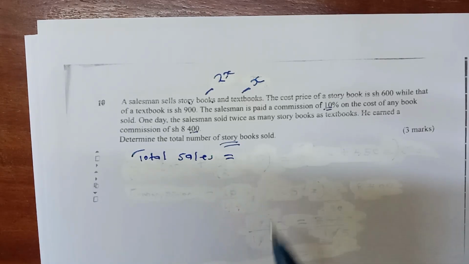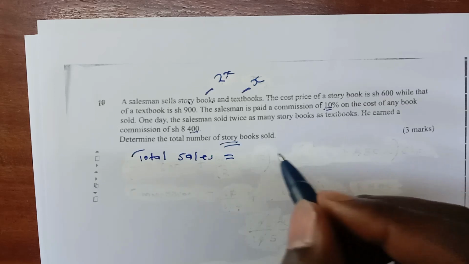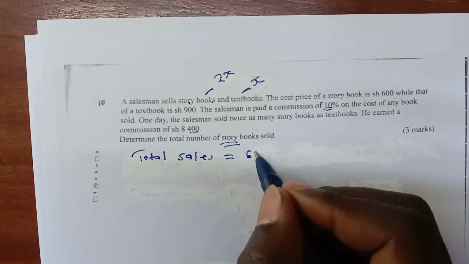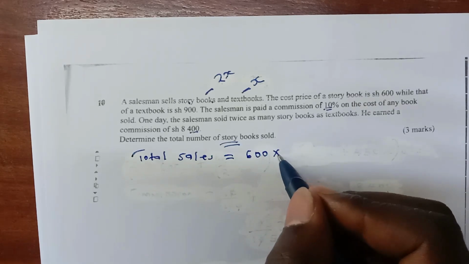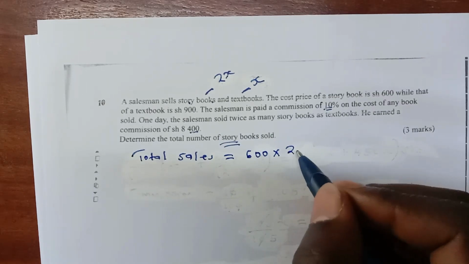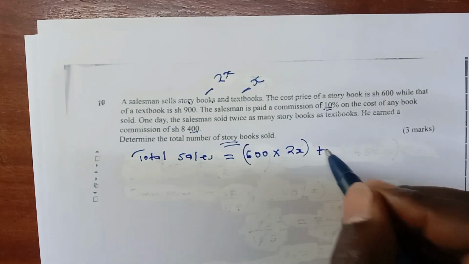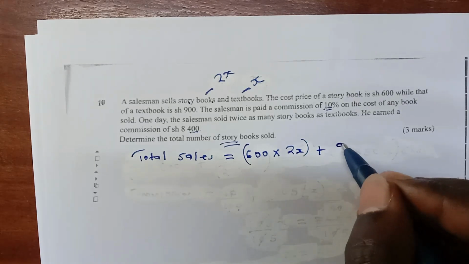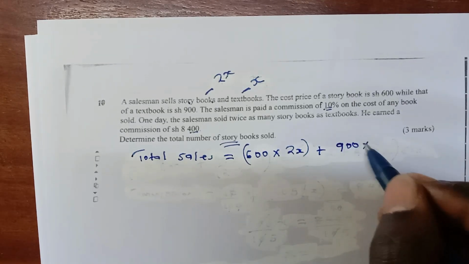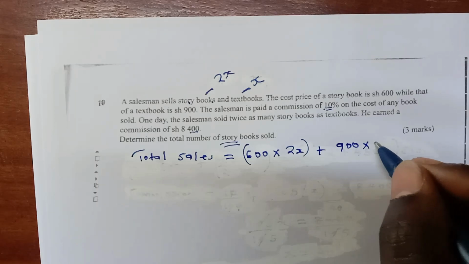So total sales is going to be the price of a storybook, which is 600, multiplied by how many storybooks do you have? 2X. Then plus the price of a textbook, 900, multiplied by how many textbooks did we have?